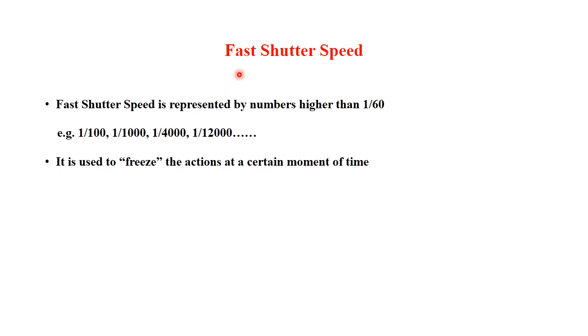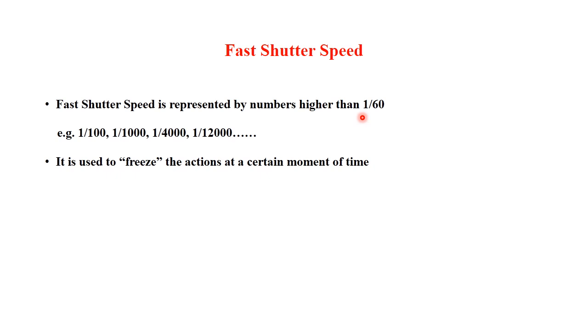Okay, then we came to know about the fast shutter speed, and this is one of the types of shutter speed. If we want to divide shutter speed, then we have the fast shutter speed and the slow shutter speed. With the fast shutter speed, the speed of the shutter is very high, and it is represented by numbers higher than 1 by 60, right?